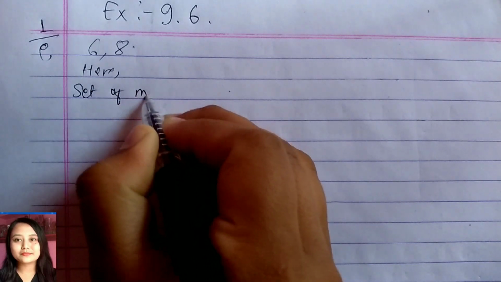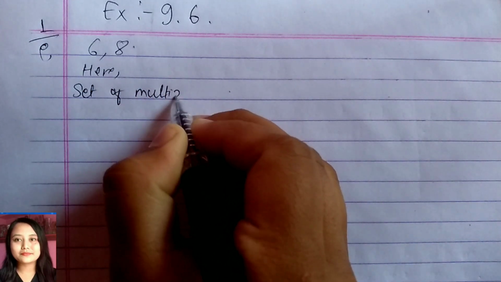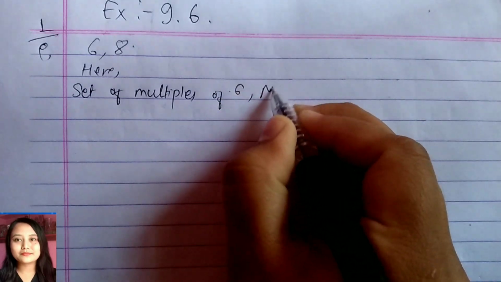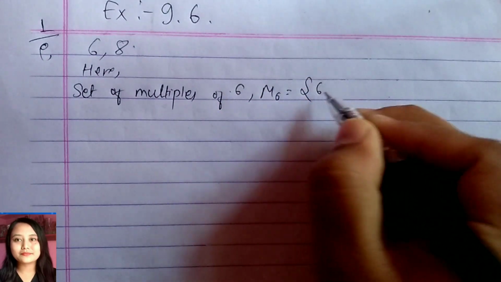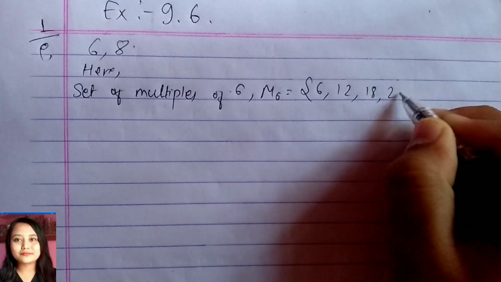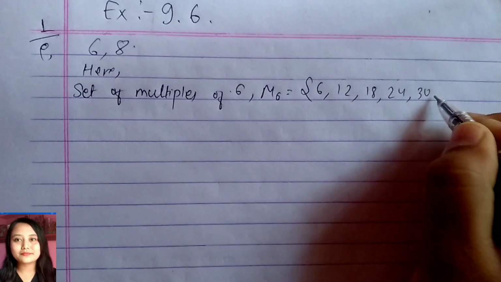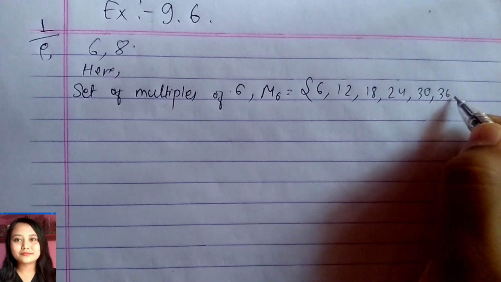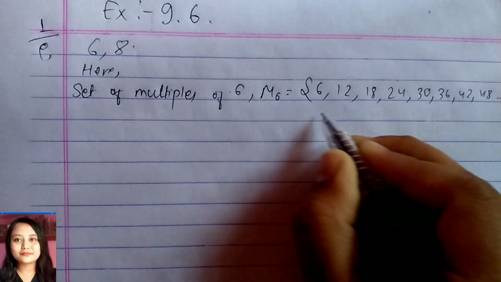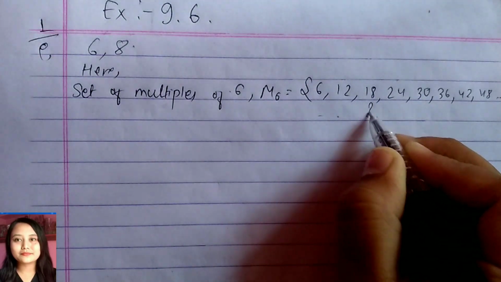Now here the set of multiples of 6, M6, equals 6, 12, 18, 24, 30, 36, 42, 48, and we'll just write 'go on' like that.